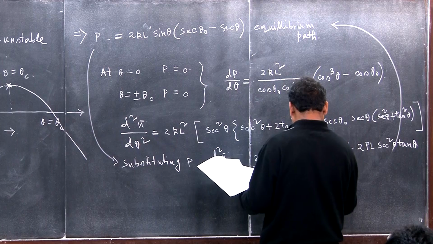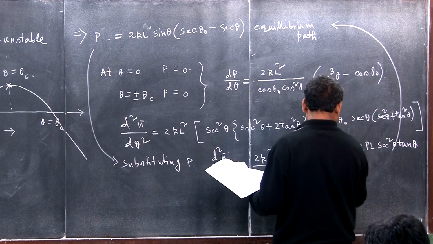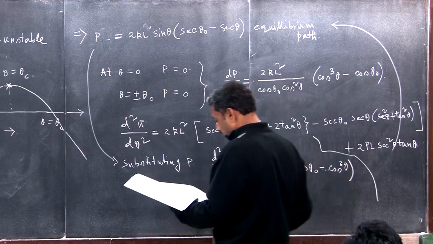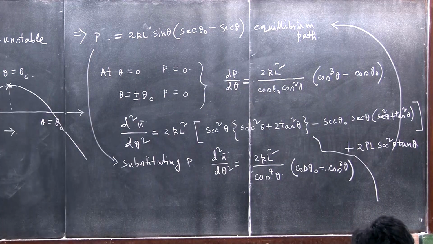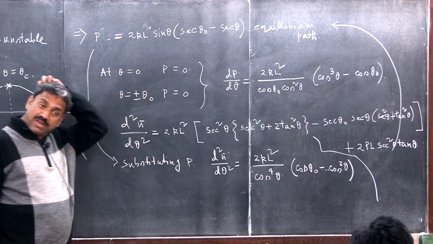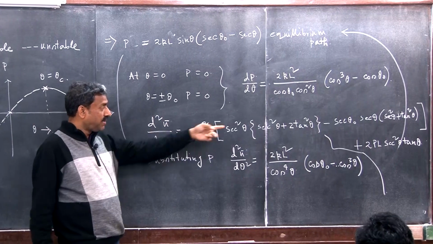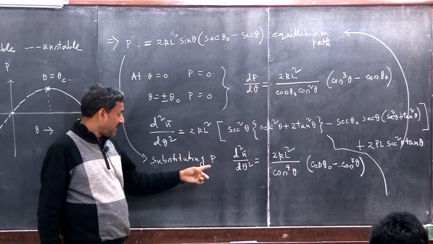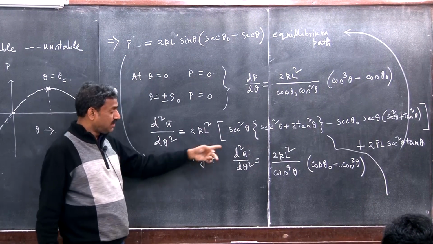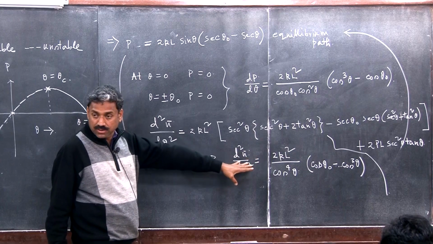Please note that ultimately you will get this expression cos cube theta. So what we did, the potential energy function we differentiated once, then a second time we have differentiated, and then we have substituted the equilibrium path into that. So d2 pi d theta 2 in terms of theta 0 and this expression.